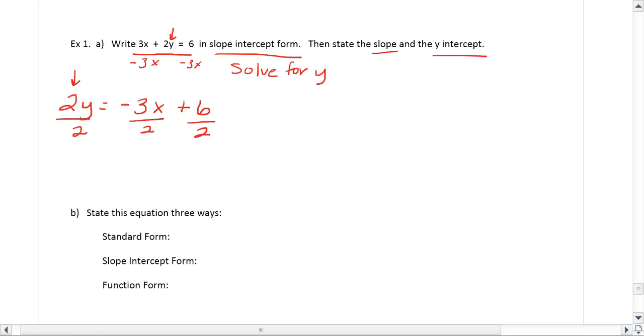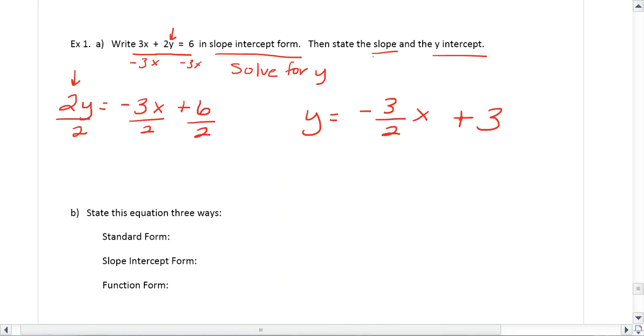Please don't skip any of these terms. There are 3 terms in this equation, and they all have to be divided by 2 to get y alone. So now I have y equals negative 3/2 x plus 3. So this is in slope-intercept form.